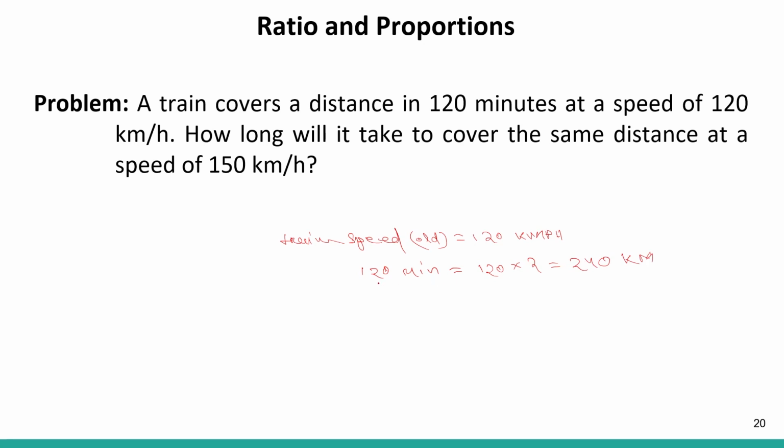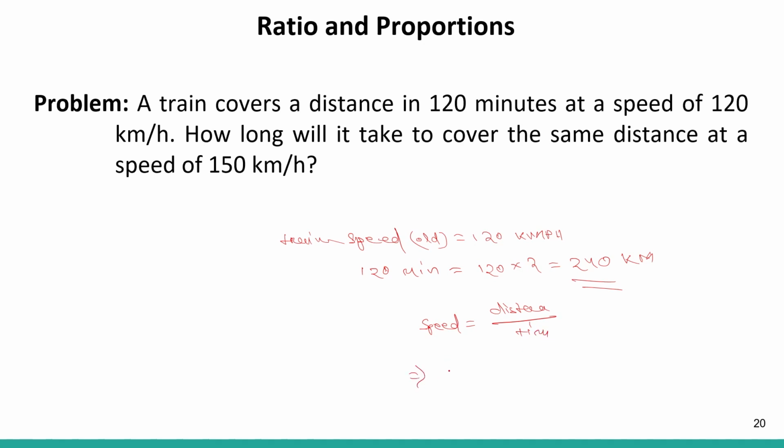So it asks us how long will it take to cover the same distance at a speed of 150 kilometers per hour. We have the distance, we have the speed, and we need to evaluate time. So speed is equal to distance by time.